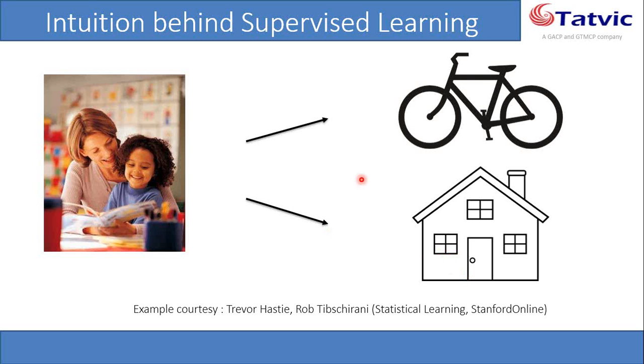So for the child, this is the learning stage where the child develops a sort of mental picture of what both these images look like. Next, after this entire training or learning step is over, the child has learned to classify. And when we show the child a new or unseen image, the child might have accurately learned to distinguish between both these sets of images.